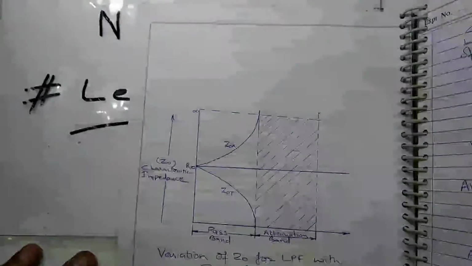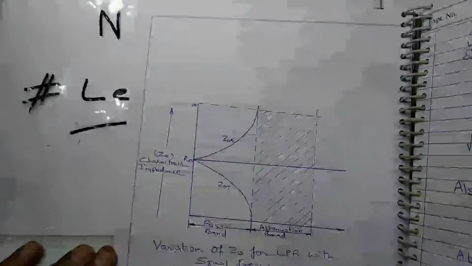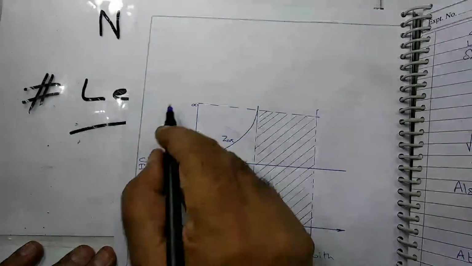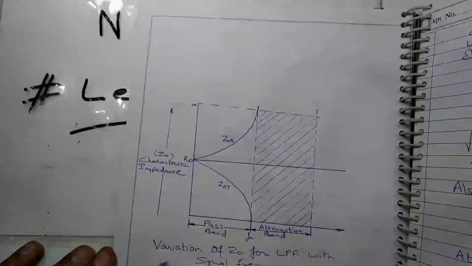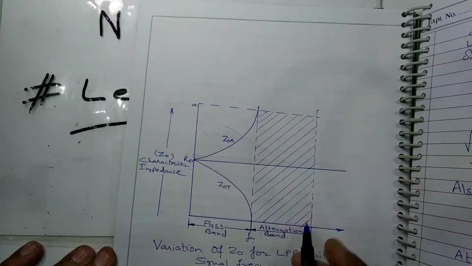Here we can see the variation of ZO for the low pass filter with signal frequency. This is ZO, the characteristic impedance. This is frequency. Now the pass band is up to the cutoff frequency FC. This is the pass band and this is the attenuation band.